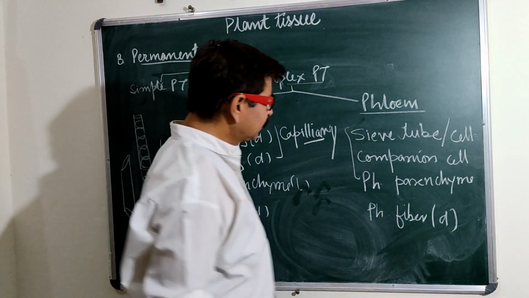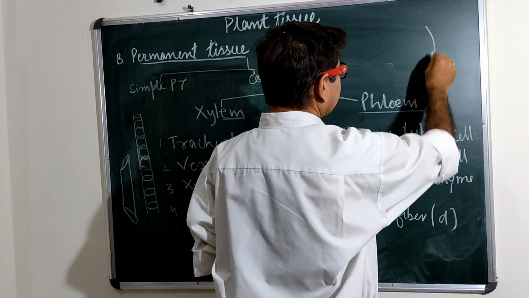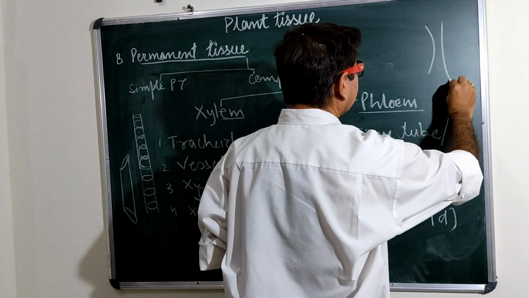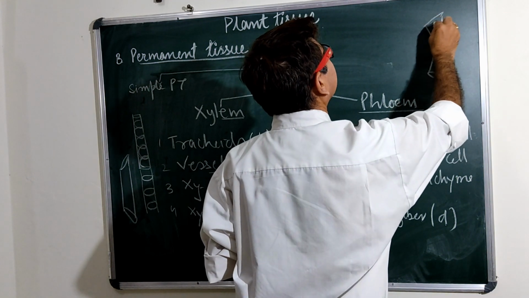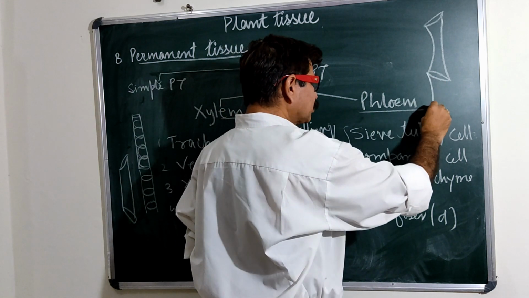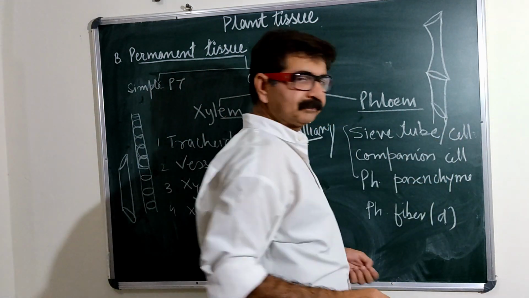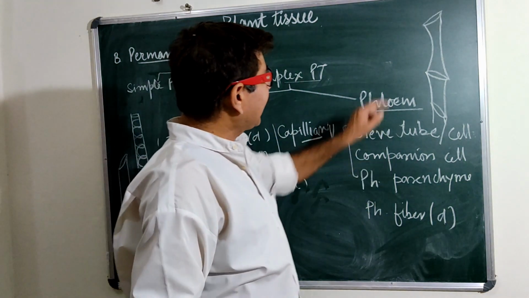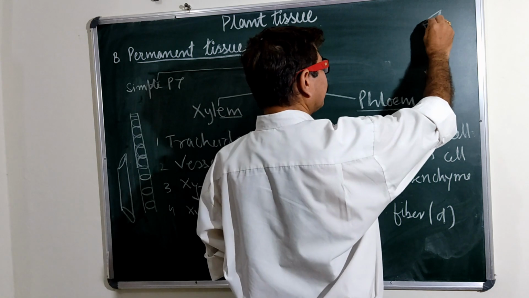Sieve tubes, they are of the same kind, but these cells are narrow at the center and broader at the end. They are also stacked over each other, so they form a tube-like structure like this. At the end, there is a plate known as a sieve plate, which is perforated.